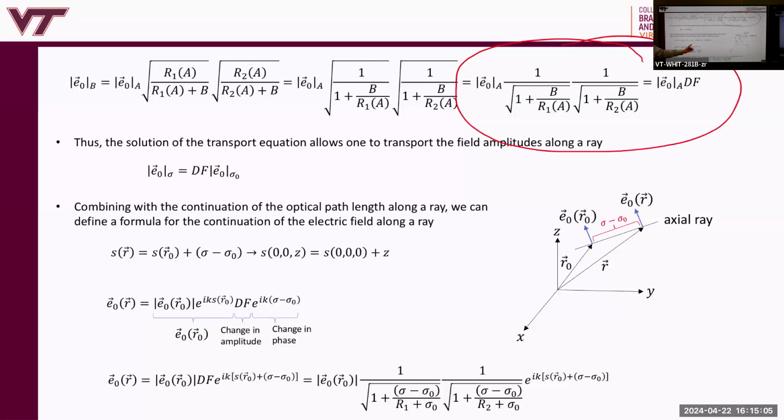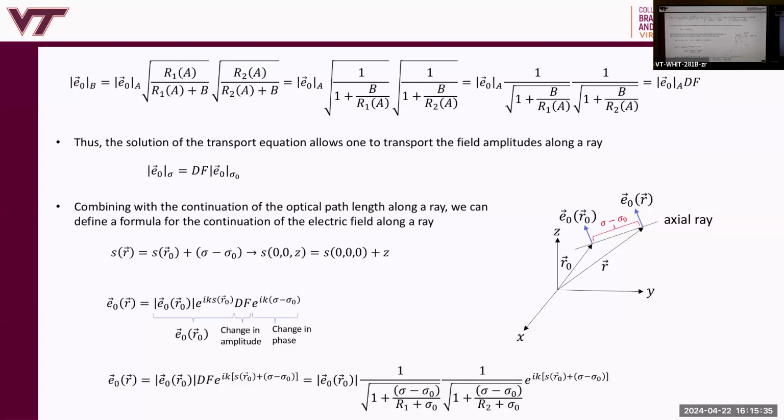And what it means is the electric field at point R along a ray. So here's a point R naught. Here's a point R. The electric field at point R with respect to its value at R naught was given by this factor called the divergence factor multiplied by the electric field at point R naught, right?